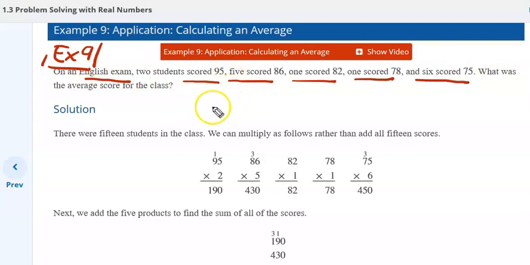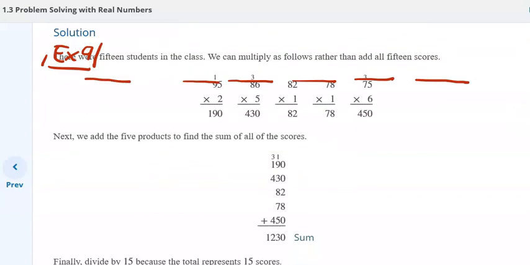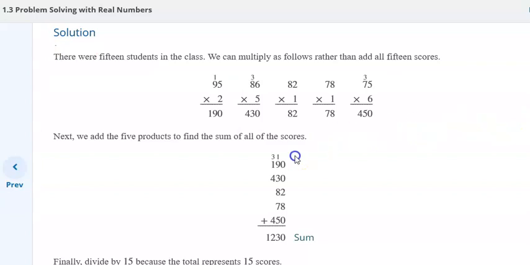Well, here this is frequency. So we have a frequency of 2 of 95. So we get this result. A frequency of 5 that have this. So we get this number of points. One of these, and then 6 of 75 give you this. So to get the proper average here, you would have to, and I'm going to move this up here and clear this.